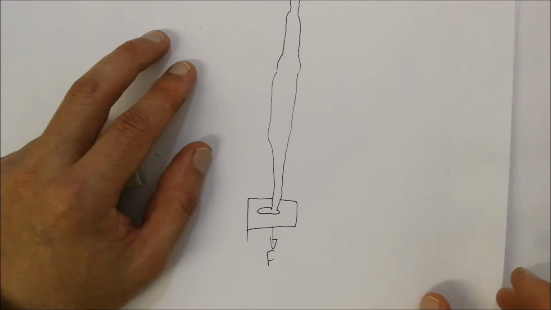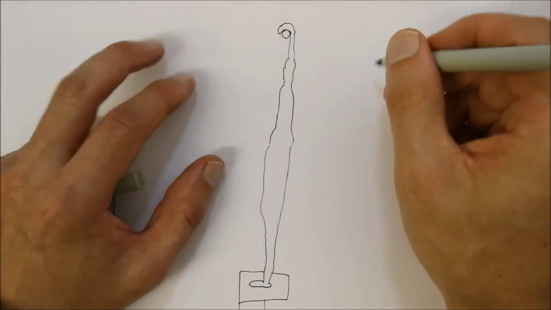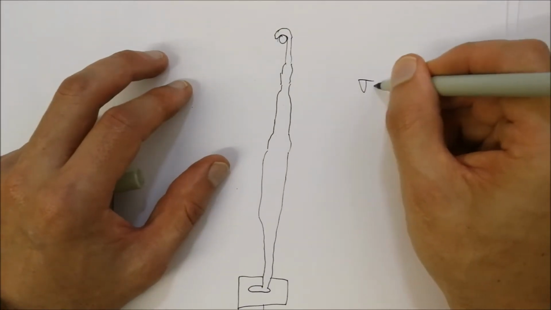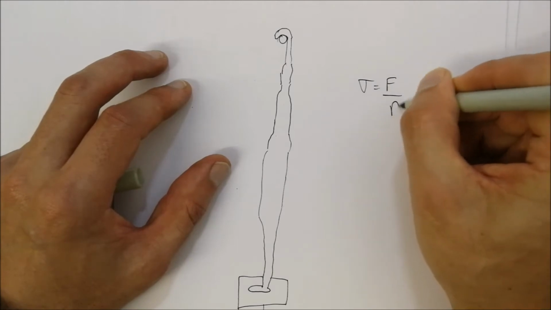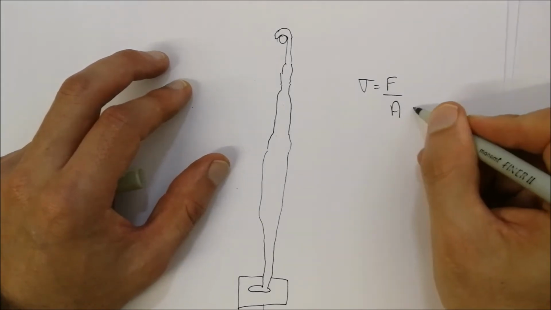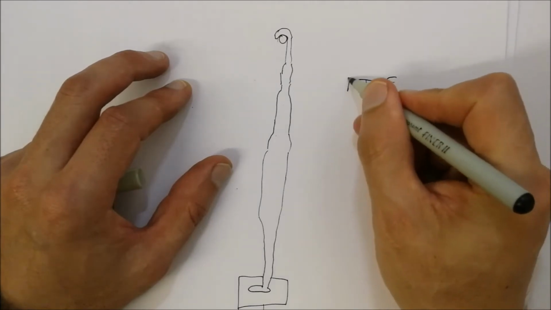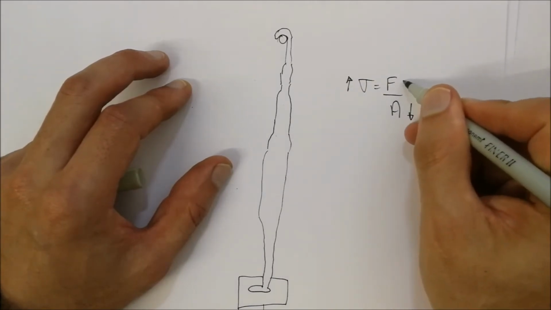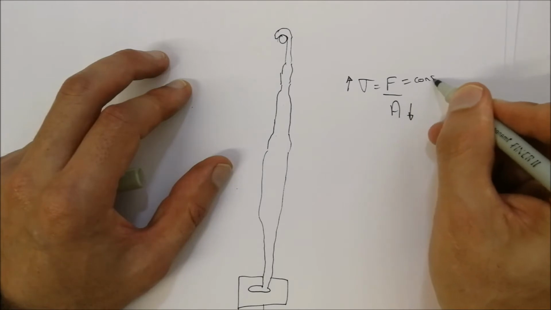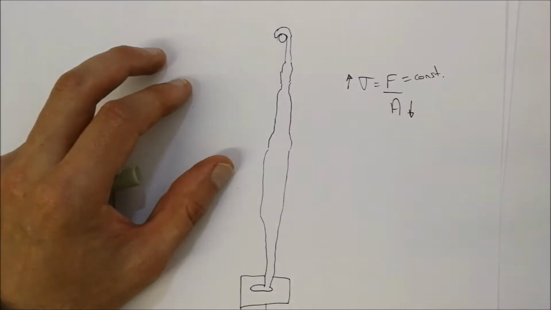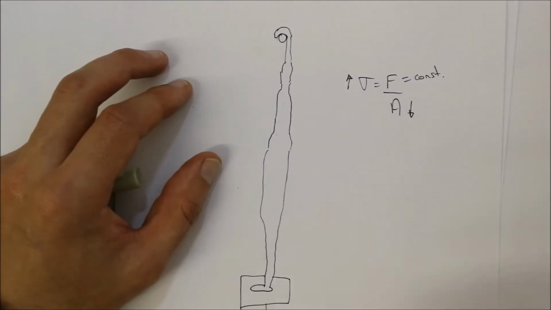The same principle happens. So remember, stress is equal to force over area, and as area decreases, the stress increases, but the force will always be constant. That's in a straight, linear, series type of configuration.